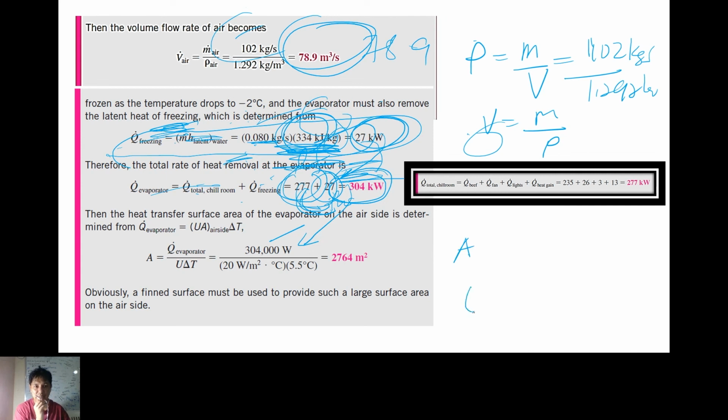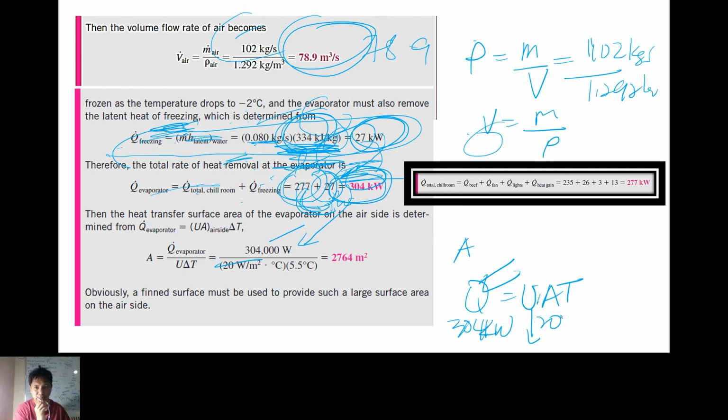Ang formula natin is Q = UA delta T, marami tayong formula sa pagkuha ng heat. Eto na yon, 304 kilowatts or 304,000 watts. Yung U is constant, 20 watts per square meter, ito yung heat transfer constant.